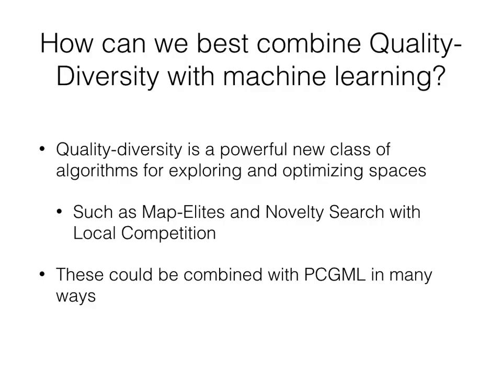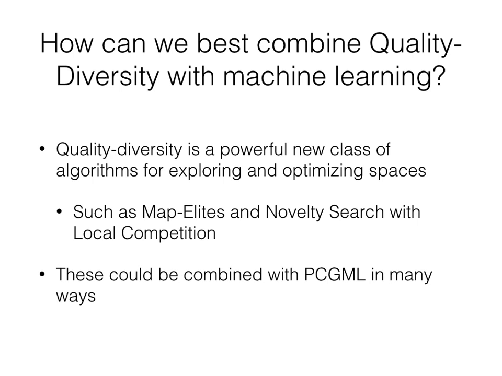Speaking of which, novelty search is a type of quality diversity algorithm. Quality diversity is this new class of search algorithms that place arguably more emphasis on exploration and optimization. So for example, Map Elites is a quality diversity algorithm that we've been using a lot in recent research in my lab, where you find a map of all the solutions that vary according to certain dimensions, and the best solution you can find for each setting, or for each dimension.